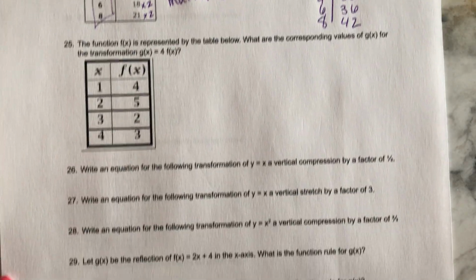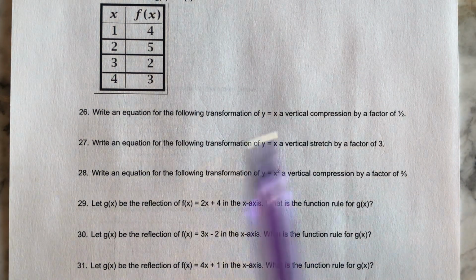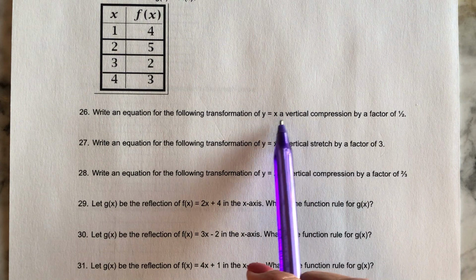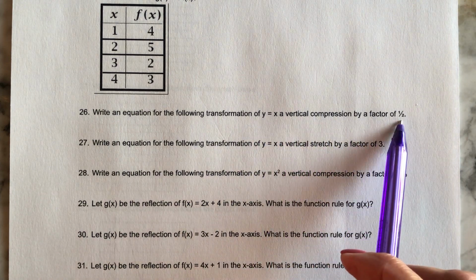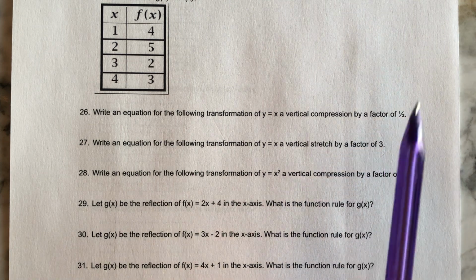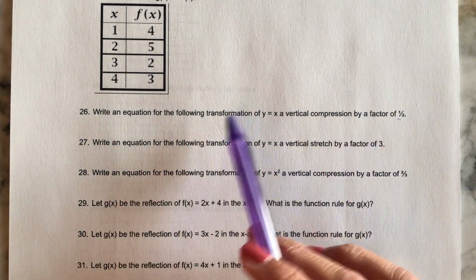Okay, moving on to 26. Write an equation for the following transformation of y equals x, linear function there, a vertical compression by a factor of 1/2. So compression and stretches, we know it's a compression or a stretch by that number that's in front.